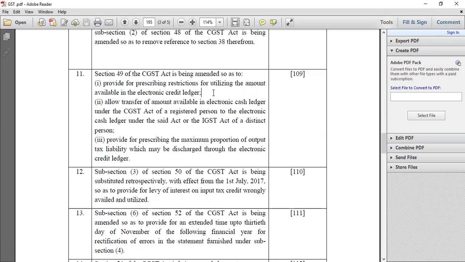It may be 99%, 98%, 97%, any percentage. And also, the government has been given powers to specify those persons for which ITC in electronic credit ledger will be restricted, and also those persons for which the ITC in electronic credit ledger will not be restricted.